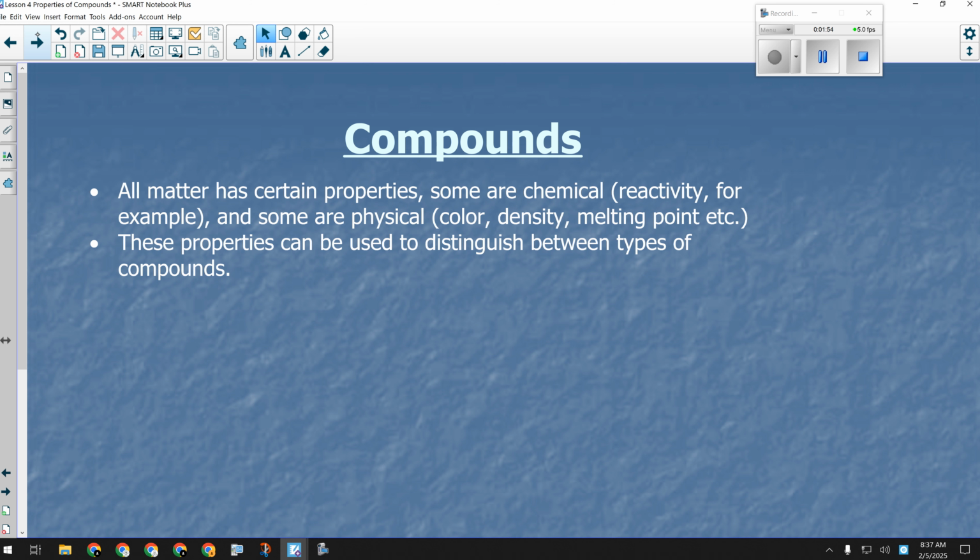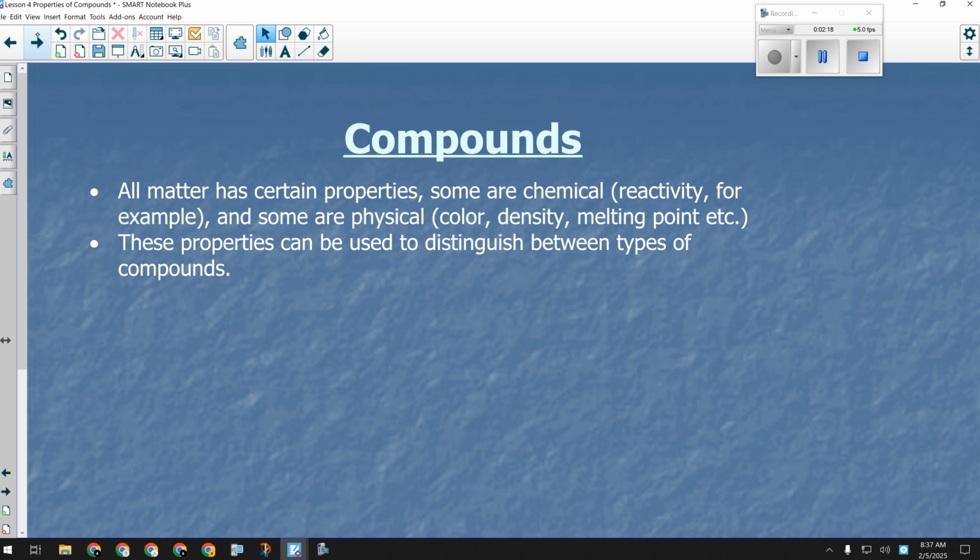Physical properties are things that I can measure, observe, and determine without really the use of anything else. A chemical property has more to do with how it behaves in the presence of something else. You don't really know something has chemical properties until you observe them react with something else. So we're only concerned with physical properties today.